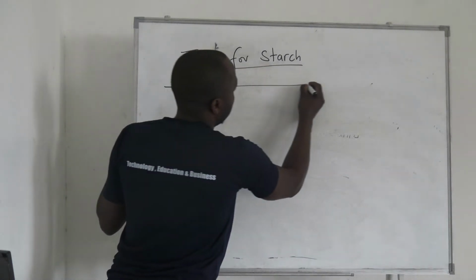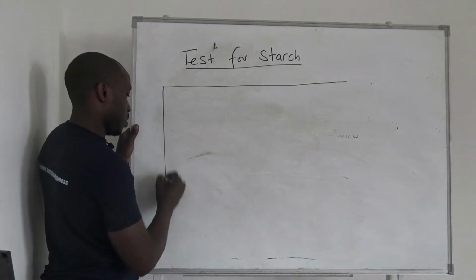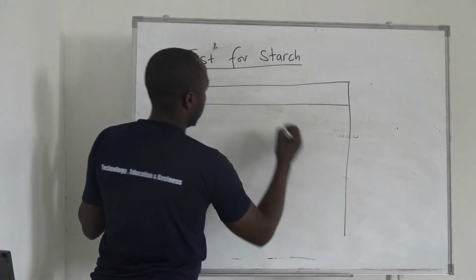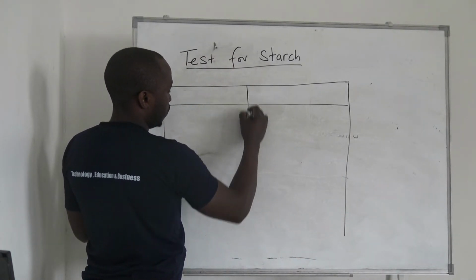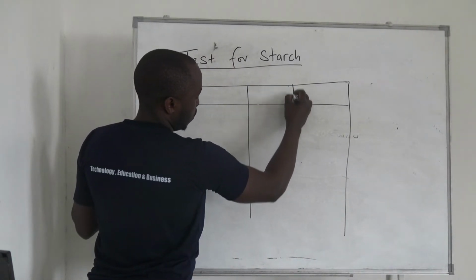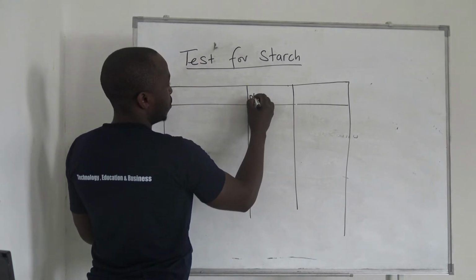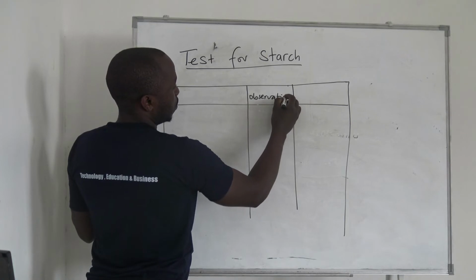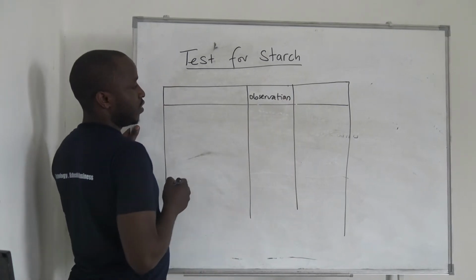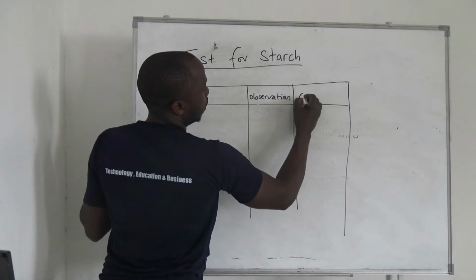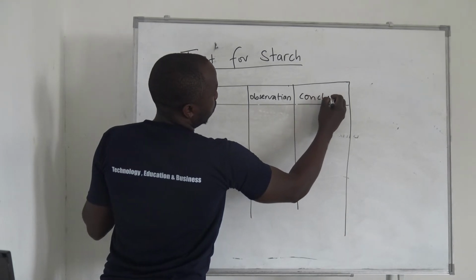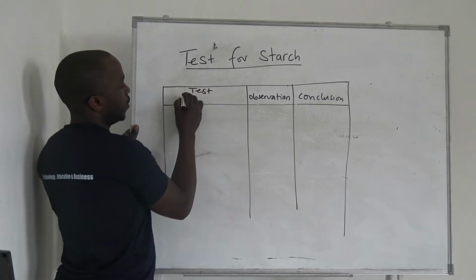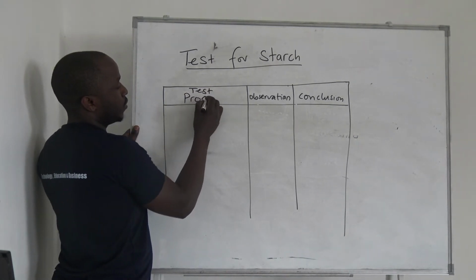We will tabulate our tests in a table: the test for starch, the test procedure, the observation, then the conclusion.